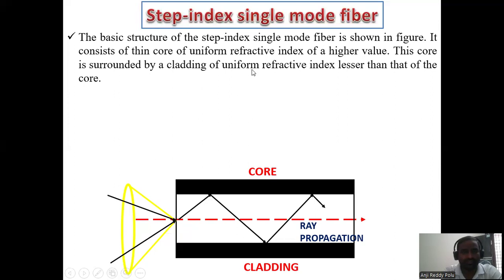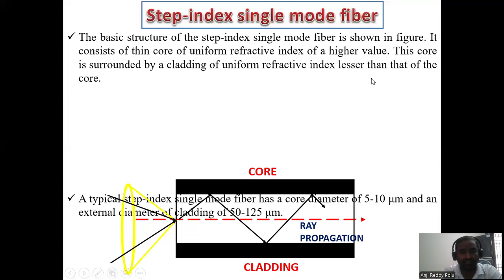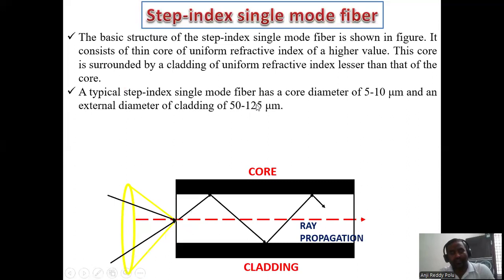This core is surrounded by a cladding of uniform refractive index lesser than that of the core. In this step index single mode fiber, what are the diameters of core and cladding? A typical step index single mode fiber has a core diameter of 5 to 10 micrometers and an external cladding diameter of 50 to 125 micrometers, because here we have only one light ray.